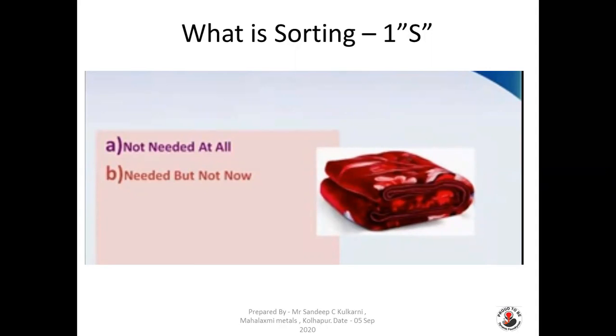We keep them separately and we take them out as and when required, because we try to reduce the space in our daily almari or daily cupboard, so that we can utilize that cupboard effectively. So this is what needed but not now means.